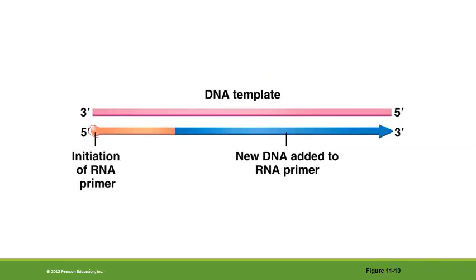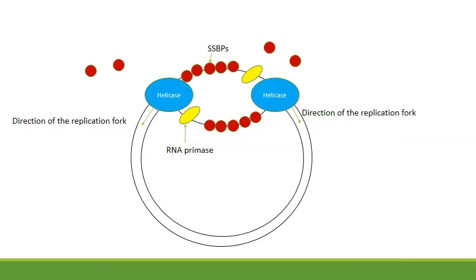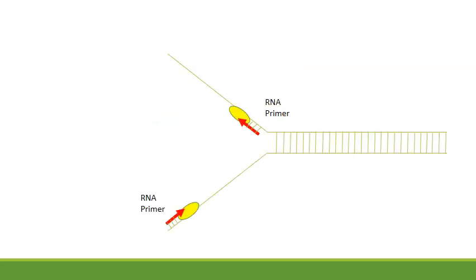Then we begin to synthesize our new DNA from that primer off our DNA template. The direction of the replication fork is going this direction on this side and this direction on this side. We're just going to look at half of the replication fork. Again, it's happening on both sides, bidirectional, but we're just going to look at one side.